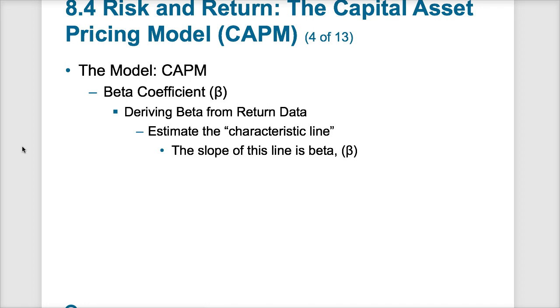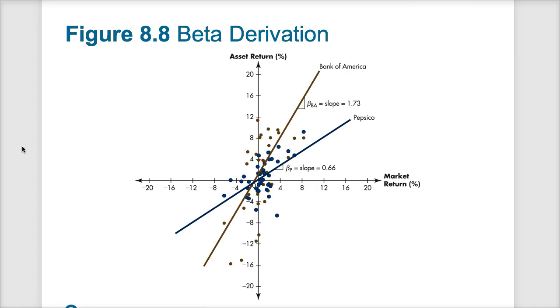So let's go back to the beta coefficient. What we're going to do with the beta coefficient is basically it's going to be a slope of a line that is going to show us our beta. So here, for example, in Bank of America, if we take the slope of this line, the beta is 1.73. And the slope of PepsiCo, the beta is 0.66. So this basically looks at the reaction of the market return when we're moving from a return from 0 to 20 or 0 to negative 20.